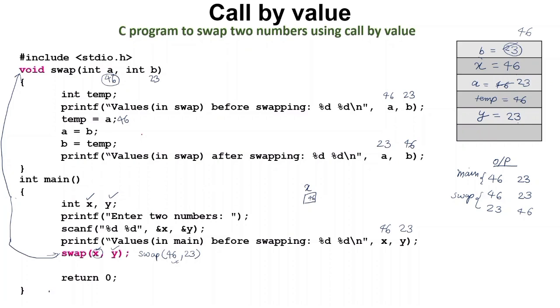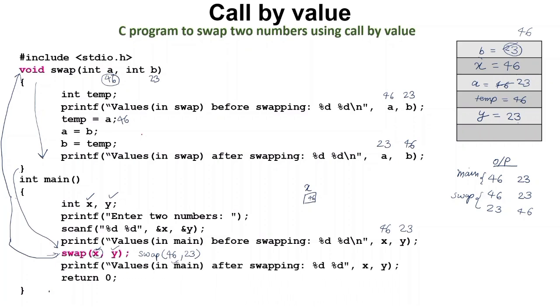Now the swap function has been executed completely. What happens now? The call returns to where it was called, so control comes back to this line, and this line is executed. What is the next line? Next is printf values in main after swapping, x and y.